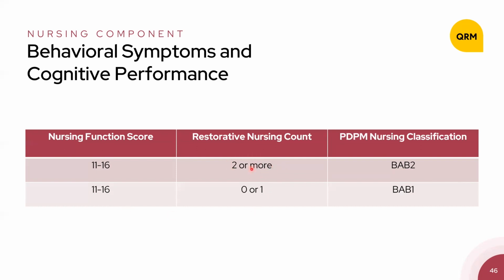If you have 2 or more, it's going to get you your BAB2. So my B is what tells me it's behavioral symptoms and cognitive performance, and my AB tells me it's the function score of 11 to 16. The 2 tells me I had 2 or more restorative programs. My 1 tells me I had 0 or 1 restorative programs.